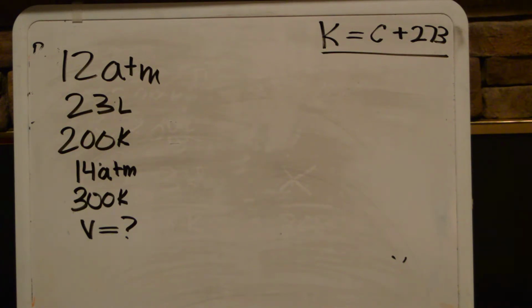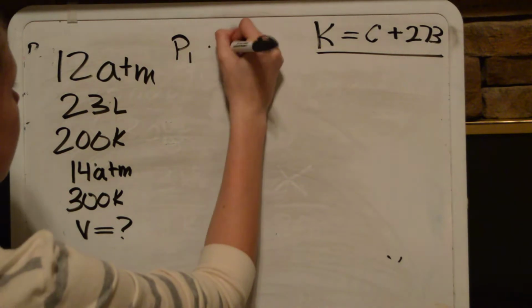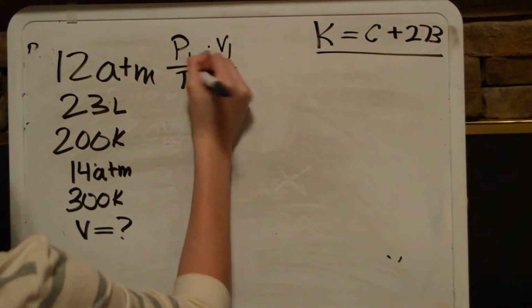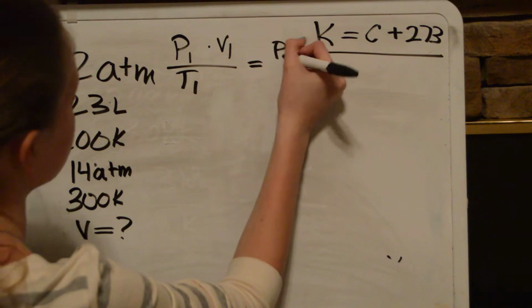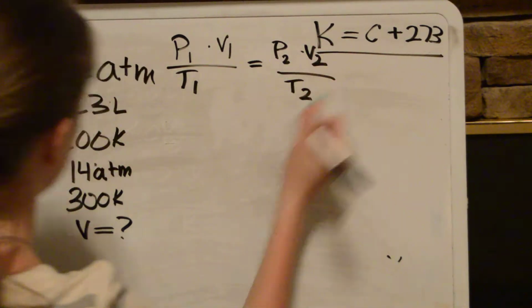See, we have a formula for that. This is called the combined gas law. The combined gas law formula takes into account Charles's, Boyle's, and Gay-Lussac's law. This is P1 times V1 divided by T1 equals P2 times V2 divided by T2.